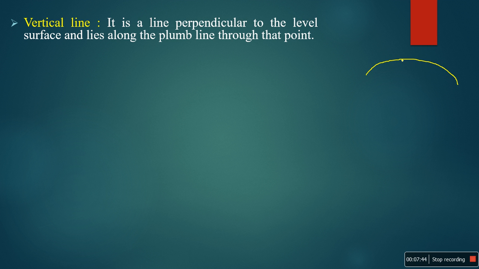If you draw at one point a line along the plumb line or direction of gravity, this line is called a vertical line. This line is perpendicular to the level surface. Okay, this line is called a vertical line.